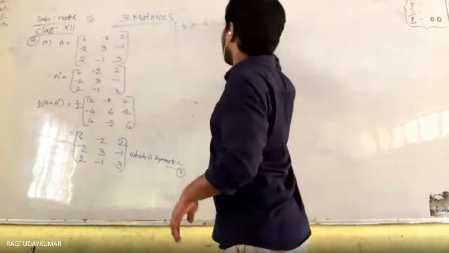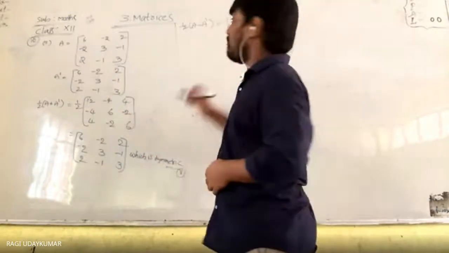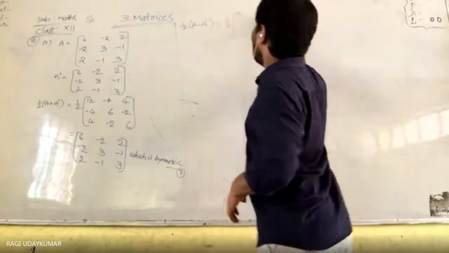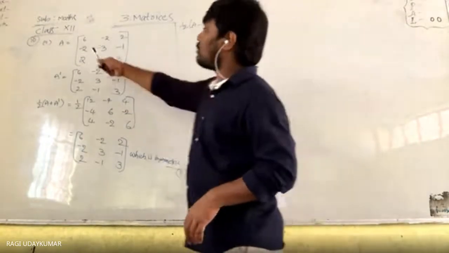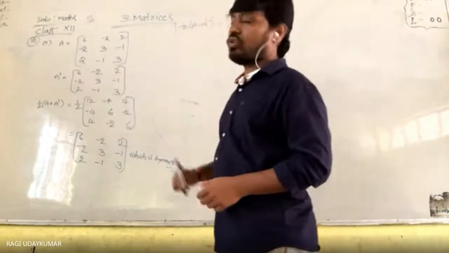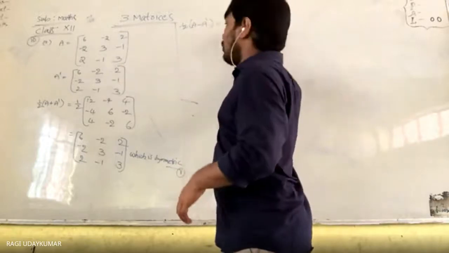6 minus 6 becomes 0. Minus 2 minus minus 2 will become 0 again. 2 minus 2 will become 0 here. And minus 2, subtract these two, again it will be 0. 3 minus 3 is 0.